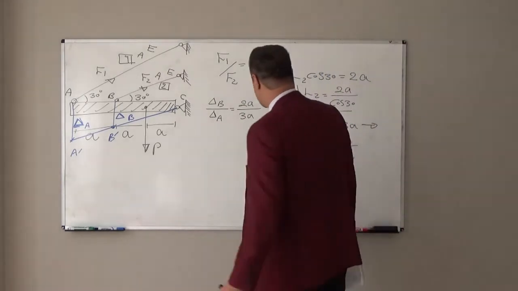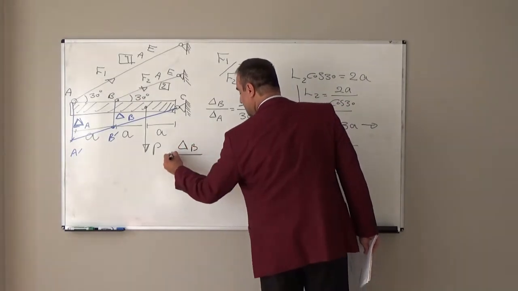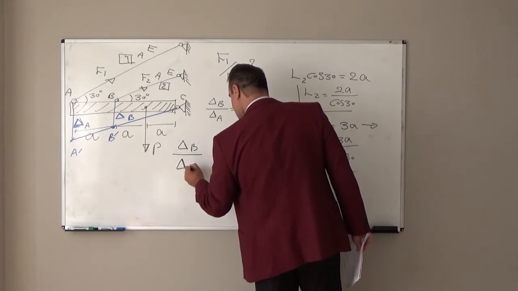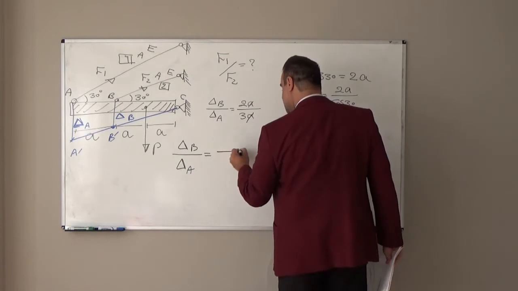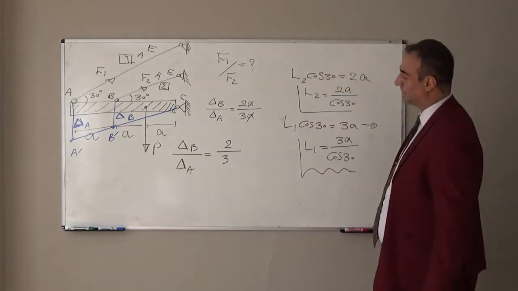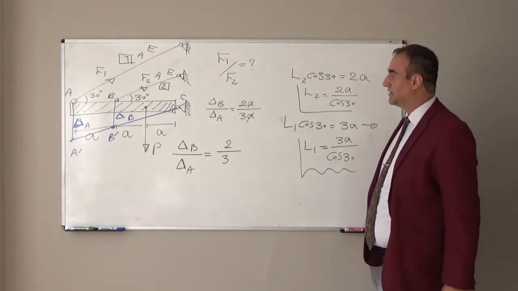Let's look at here. From geometry, we figured out deformation at point B over deformation at point A is equal to 2a over 3a. The a and a will cancel, so it is equal to 2 over 3. What is deformation at point B?